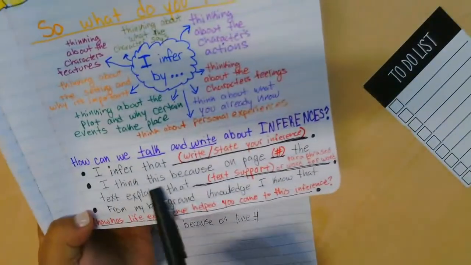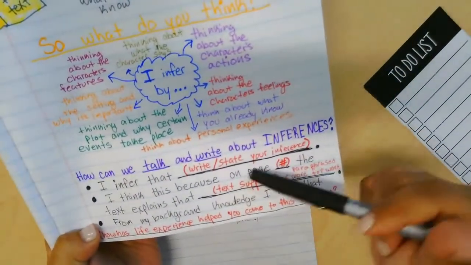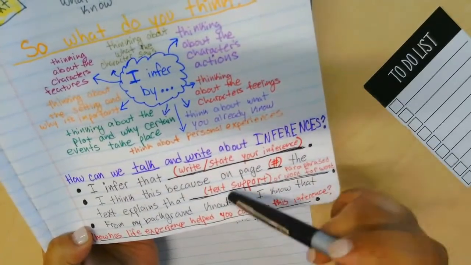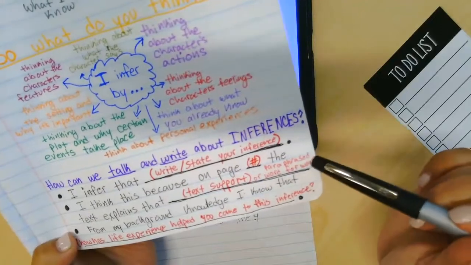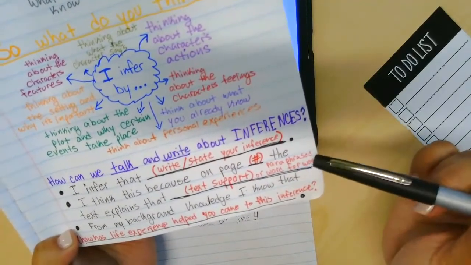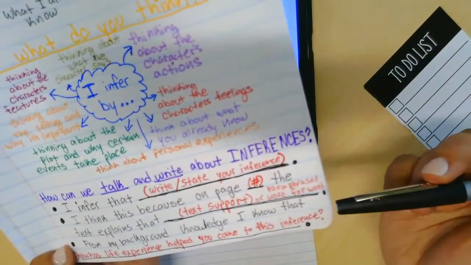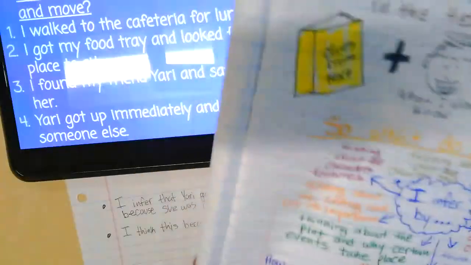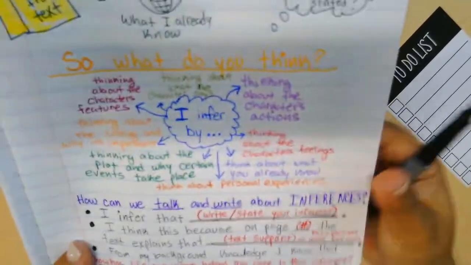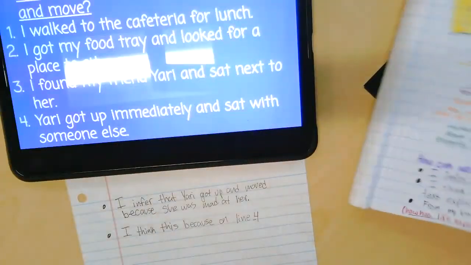So, like I said, with this, I think this because on line or page, we can write text support, paraphrased, or word for word. So I think I'm going to do a little bit of paraphrasing. So maybe in my own words, or you could write it word for word, okay?